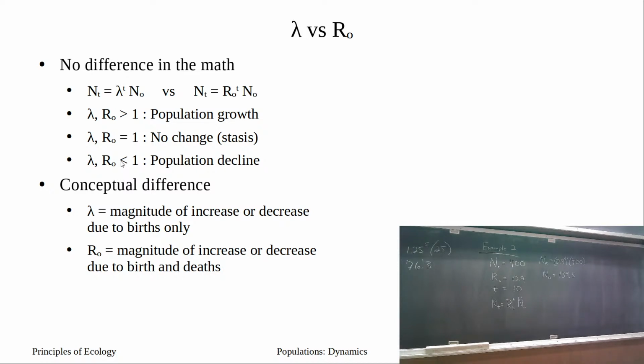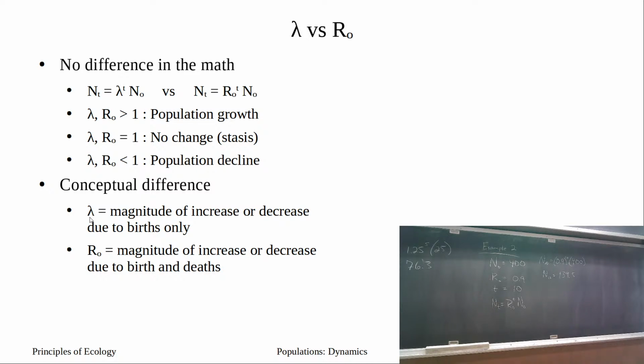But conceptually, they do have a difference, an abstract difference in their meaning. Lambda represents the increase or decrease due to births only, because we use this when we have discrete, non-overlapping generations. All of our adults die before their offspring start to reproduce. So the only thing that's going to cause a change in our population will be births.